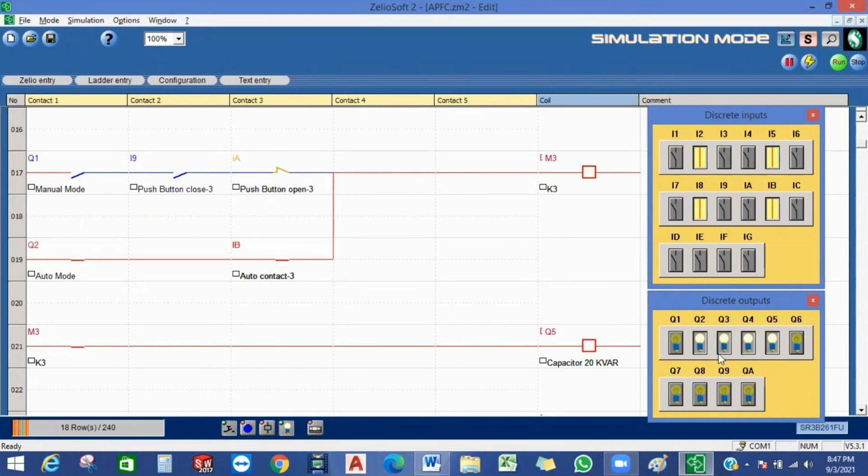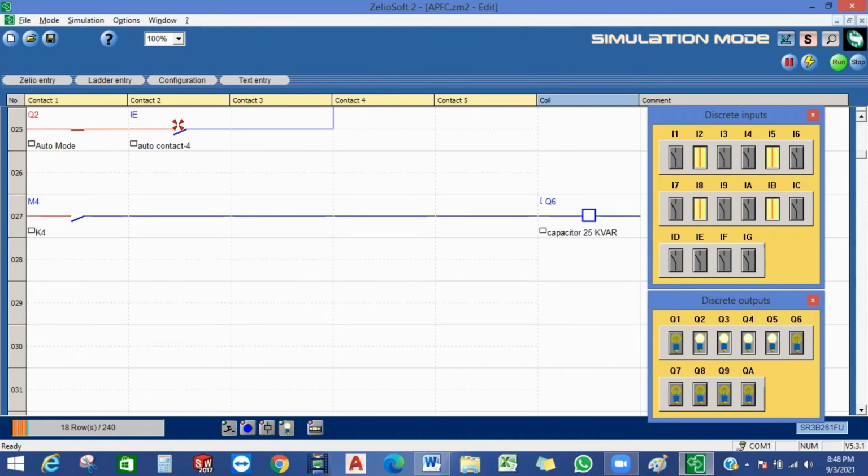Now this is 10, 15, 20. 10 plus 15 is 25, plus 20 is 45. Then you still need 25, so this will close. Now all capacitors, 10, 15, 20 and 25, are on.